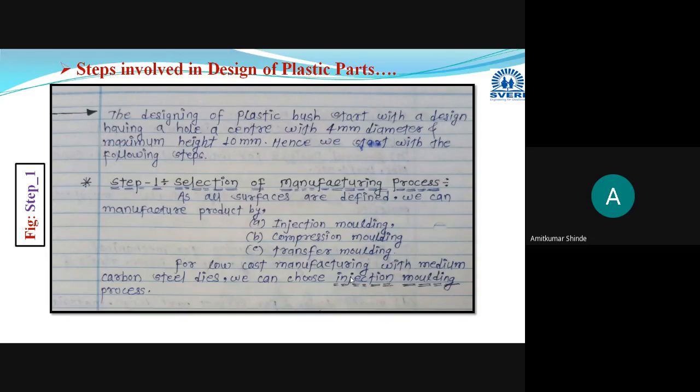And out of those three methods, injection molding, compression and transfer, injection molding is most suitable, as you can conduct this process with the minimum possible cost, and you will get the required dimensional accuracy also. Please note it down, the first stage, selection of the manufacturing process. And after that you have to write one sentence that low cost manufacturing is possible with the injection molding process.